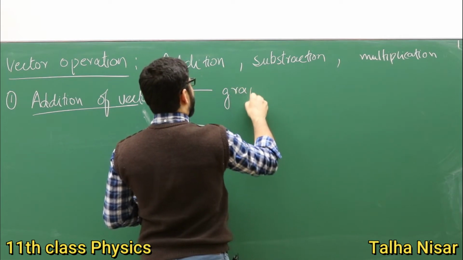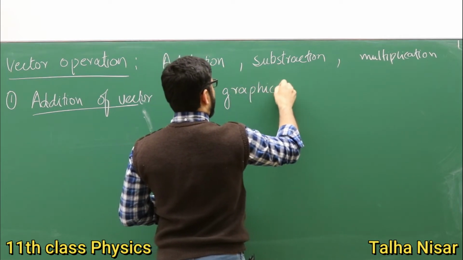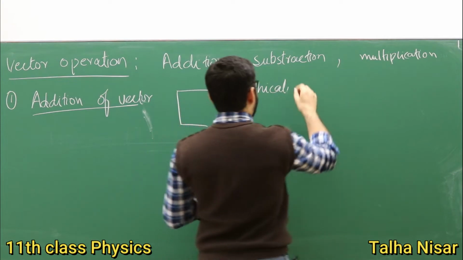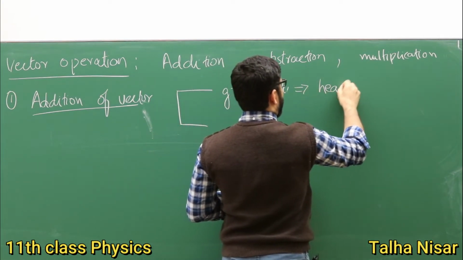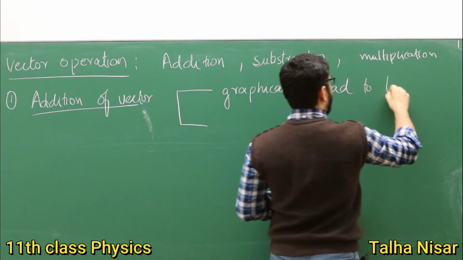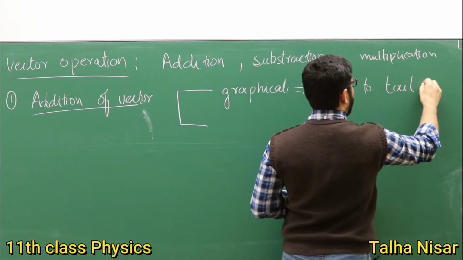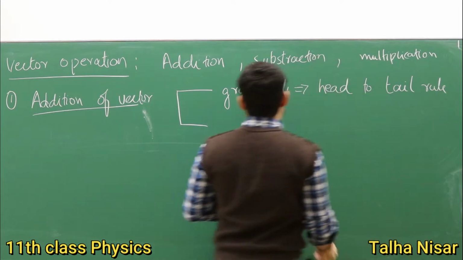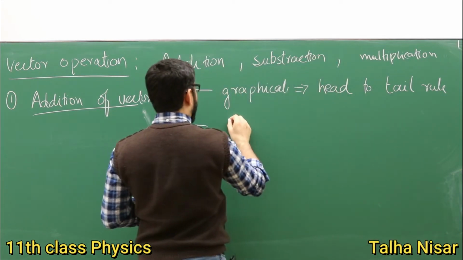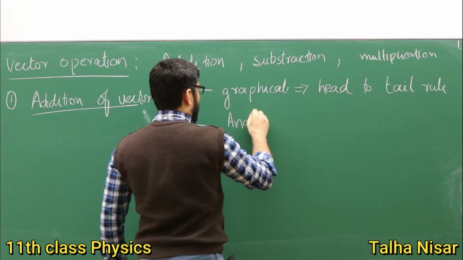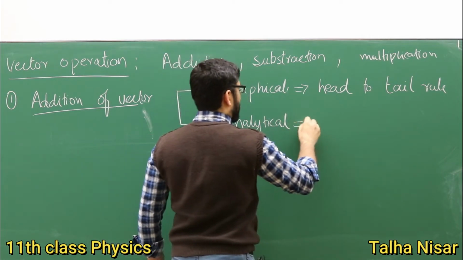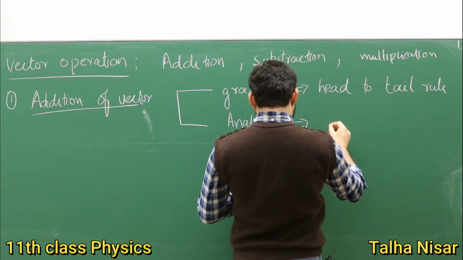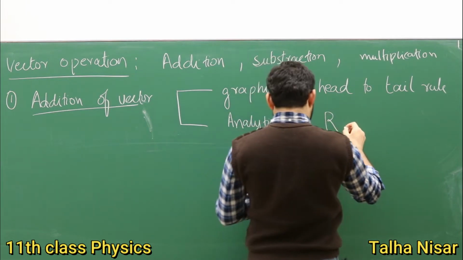One was the graphical method, which was the head to tail rule. And the second one was the analytical method, and for this one we need rectangular components.